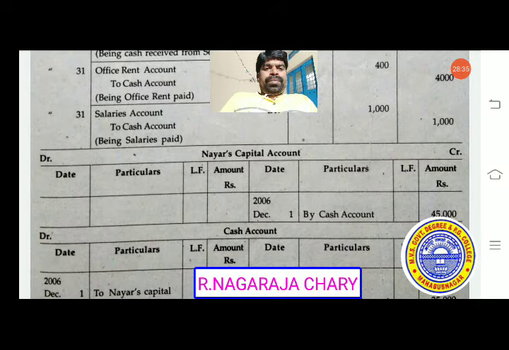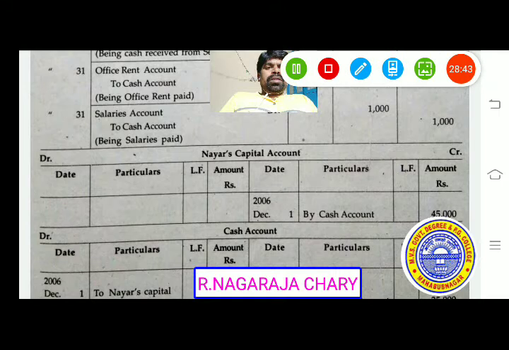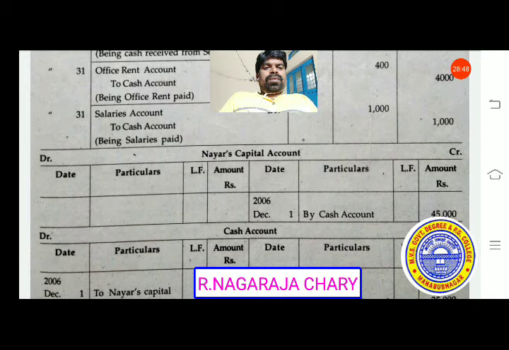Here you are observing Nair account. In each account we have a vertical partition line. That vertical partition line divides the two halves of an account.